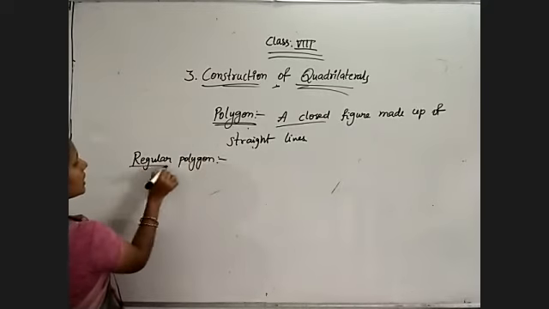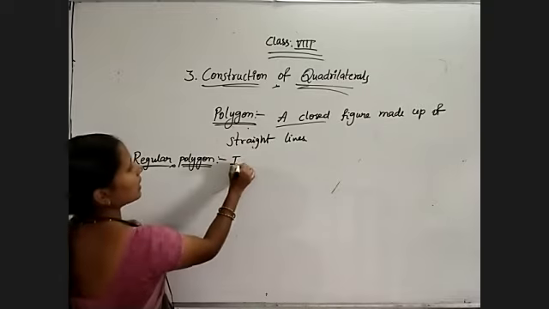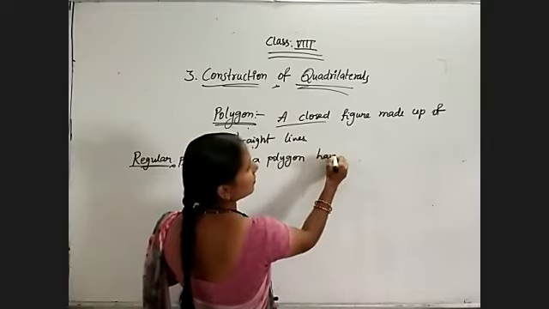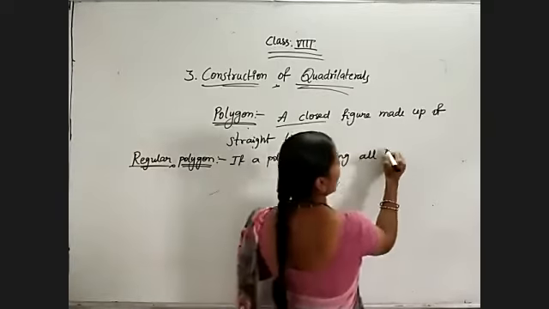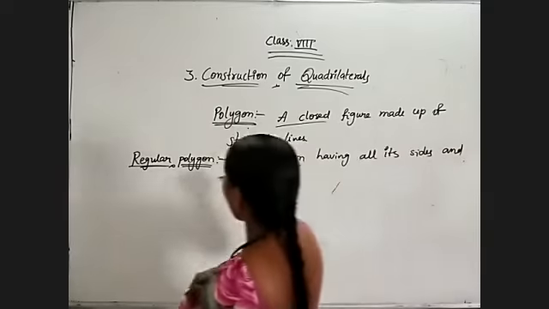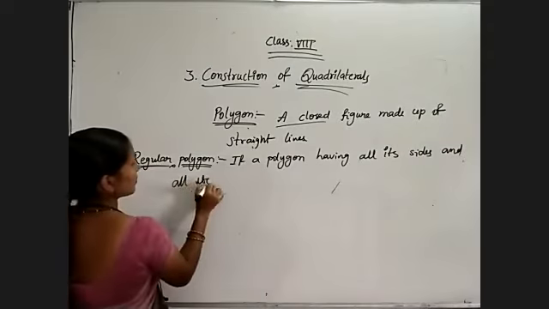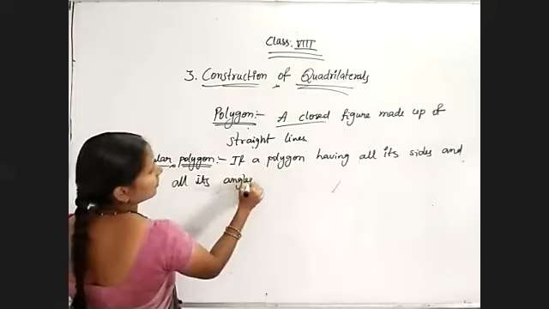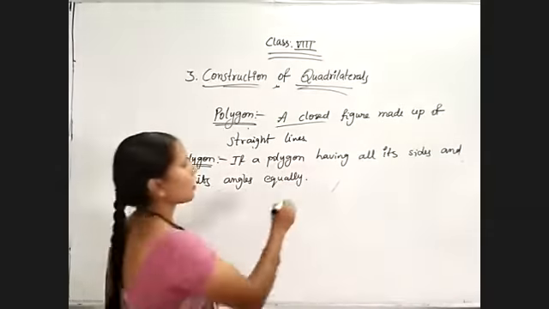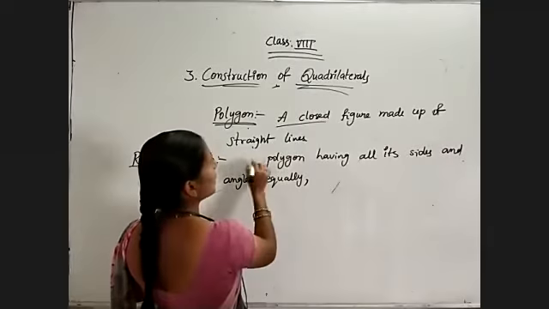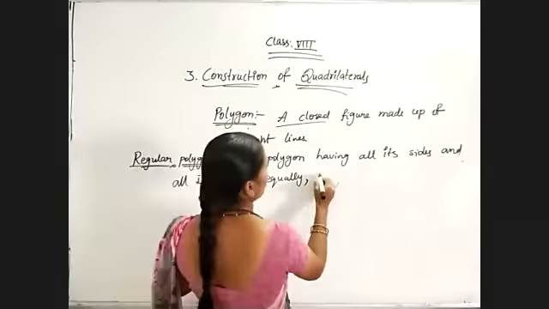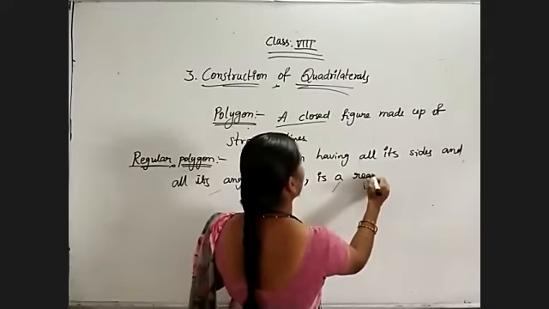Regular polygon in the sense, if a polygon has all its sides and all its angles equal, then it is known as a regular polygon. A polygon having all its sides and all its angles equal is a regular polygon.